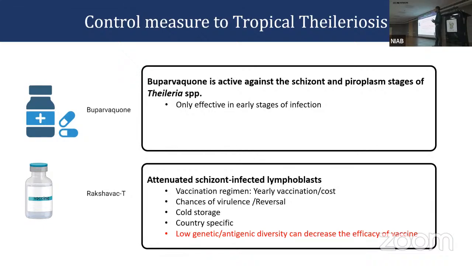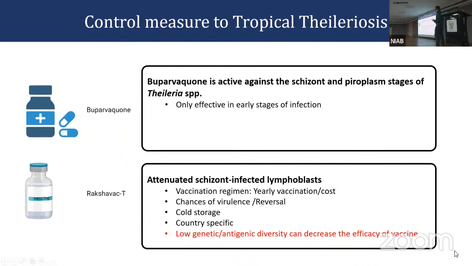Then it requires cold storage, and it is country specific. There is a fear that if we transport it to another country, there may be introduction of a new parasite genotype in that region. So it is never transported to another country. Then because it is generated through continuous passage, there is a decrease in antigenic diversity, which can have an effect on the efficacy of the vaccine in field conditions.